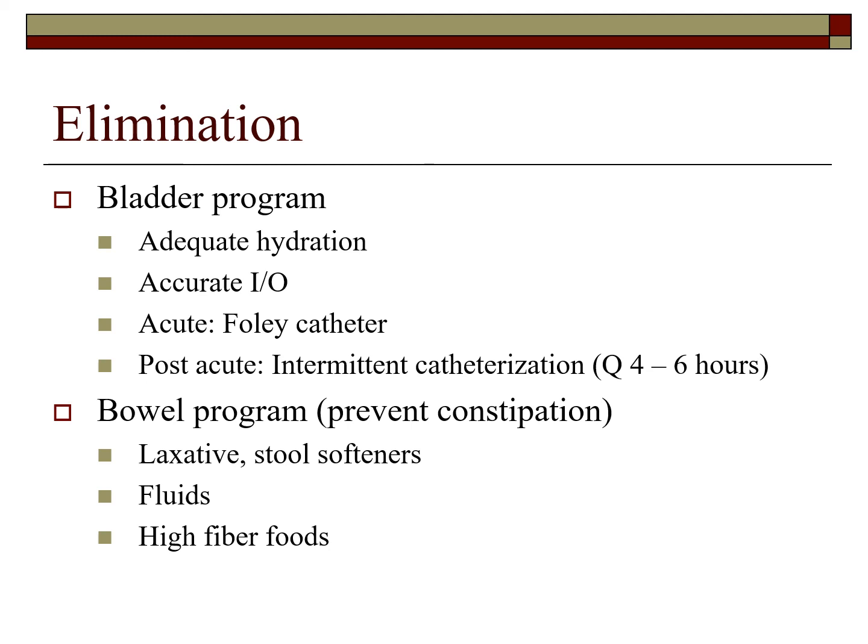And bowel programs, too. We don't want them constipated because that can produce a very serious, dangerous adverse effect called autonomic dysreflexia, which I have slides on later in the discussion here. But everything for normal bowel movements tends to prevent constipation.